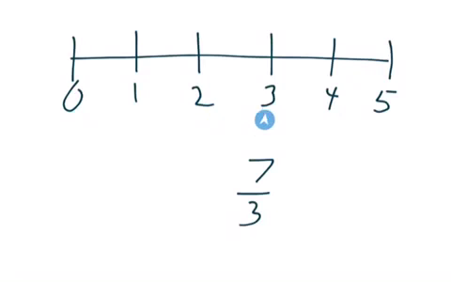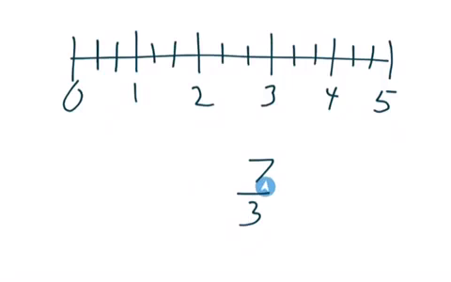So 1 whole, 2 wholes, 3 wholes, 4 wholes, 5 wholes. Each one of those wholes is cut into thirds, so each whole is going to have 3 sections to it. So this whole has 1, 2, 3 sections, and the same thing for the other wholes.